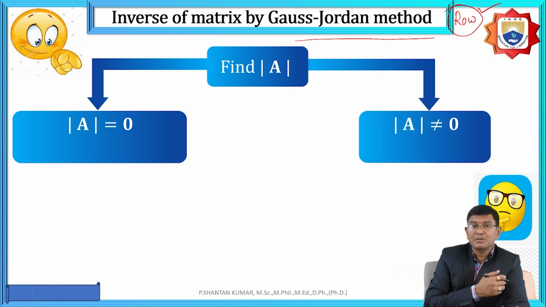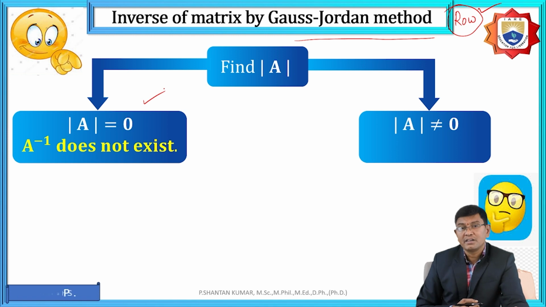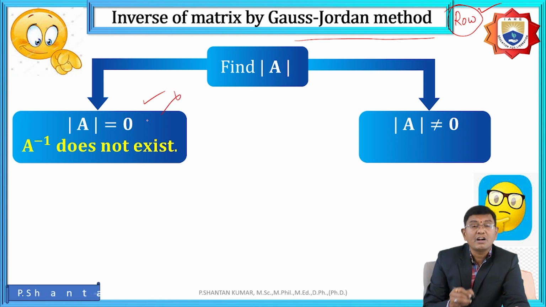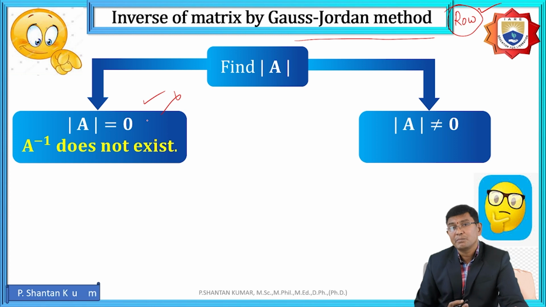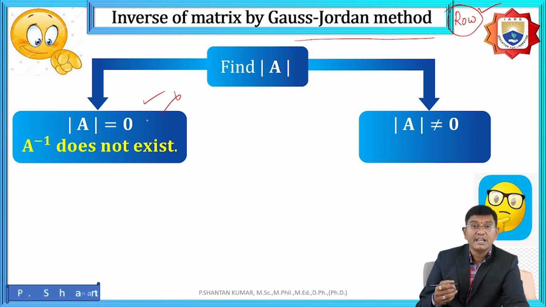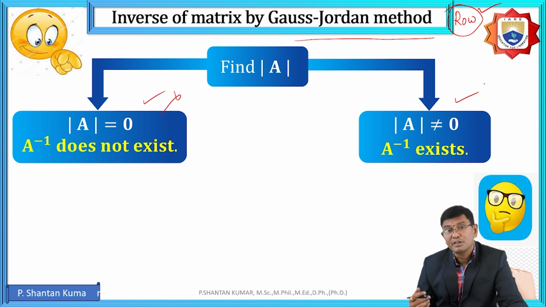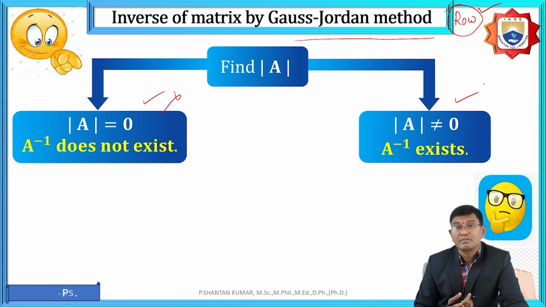If the determinant is equal to 0, the inverse does not exist because it is a singular matrix, so the method is not applicable. When the determinant is not equal to 0, the inverse exists because it is a non-singular matrix. And if the inverse exists, how do we find it?